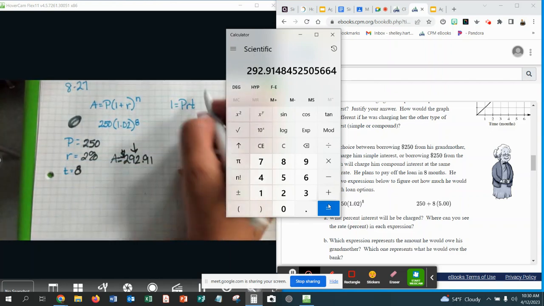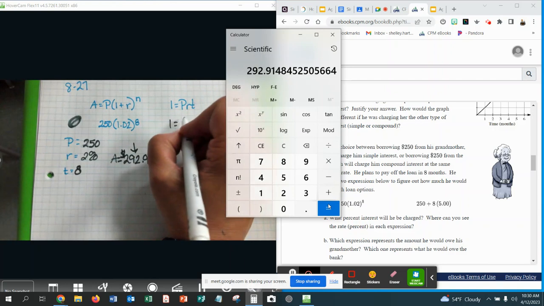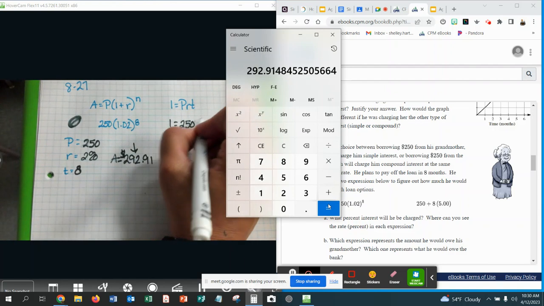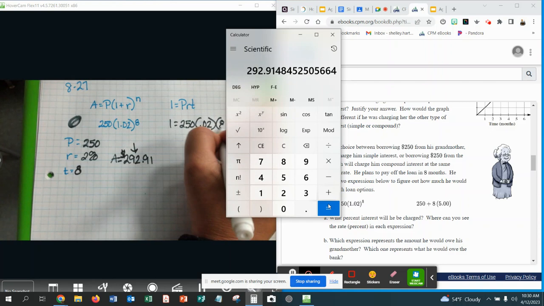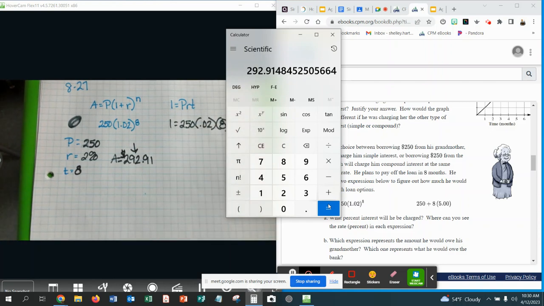If you were to do this one, it would look like interest equals 250 times 0.02 times 8. Oop.